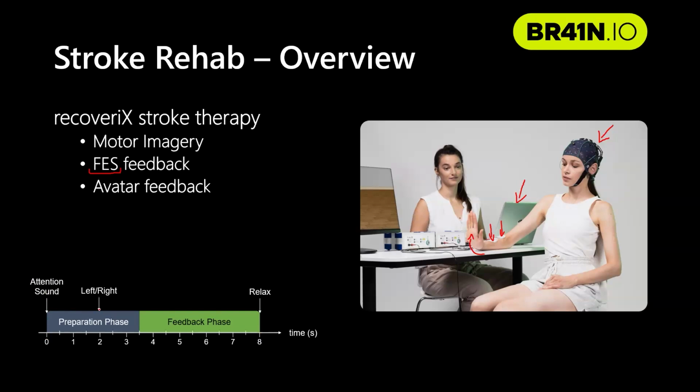Exactly at 2 seconds of each trial, the patient starts to imagine this movement and does so all the way until the end at 8 seconds, where the patient is told to relax. The feedback phase, during which the FES could be enabled, starts at 3.5 seconds. This is the trial structure.